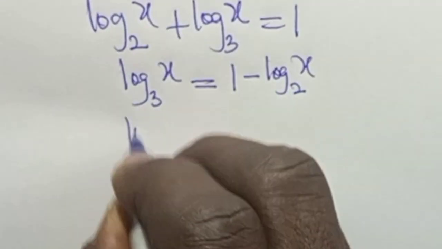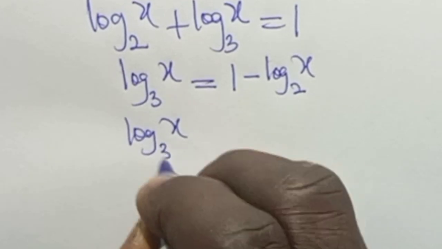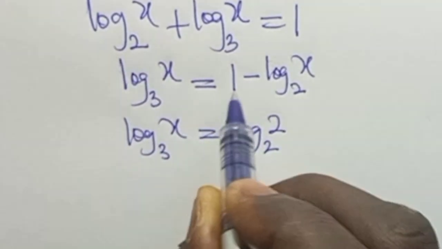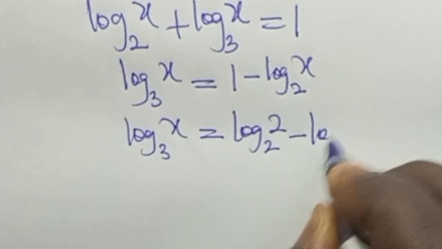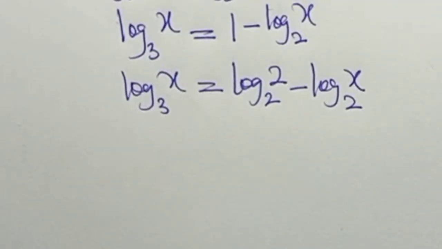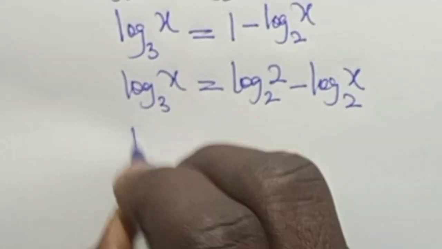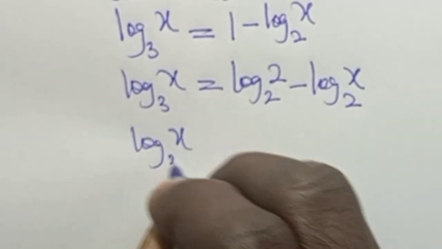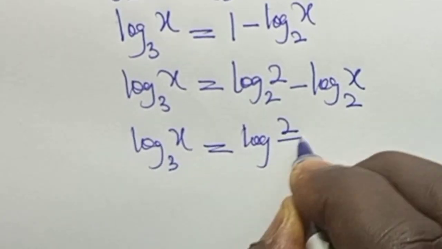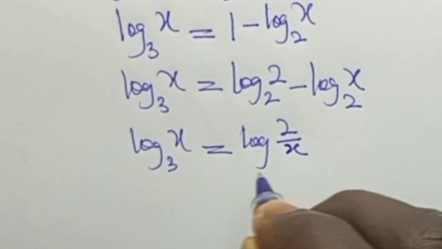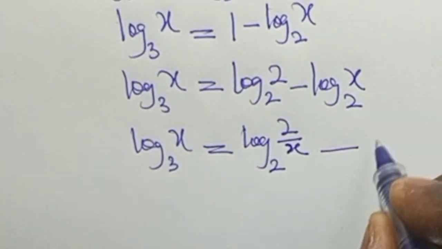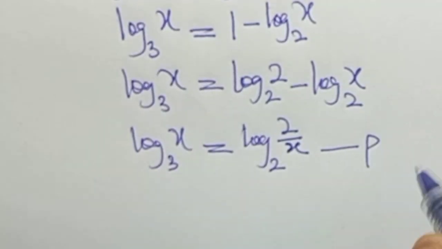And as usual, 1 will therefore become log 2 to base 2, which is 1, minus log x to base 2. And also, this will be log 2 over x to base 2. And we call this p.